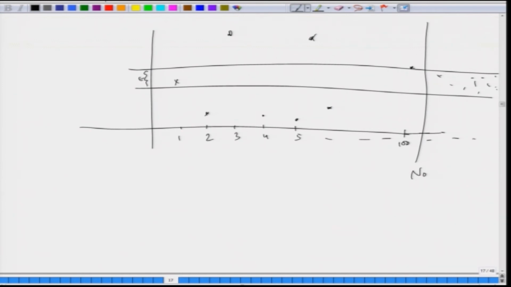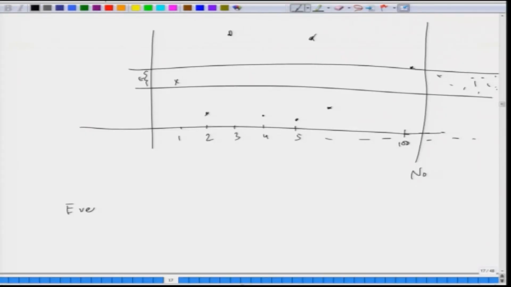So, one of the fundamental results, which is equivalent to the least upper bound property of R, which we are not going to prove, is that every Cauchy sequence converges. One can see easily that if x_n converges to x_0, then x_n is Cauchy. Why?